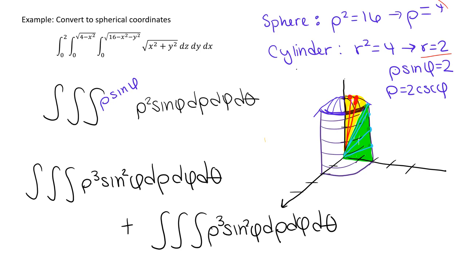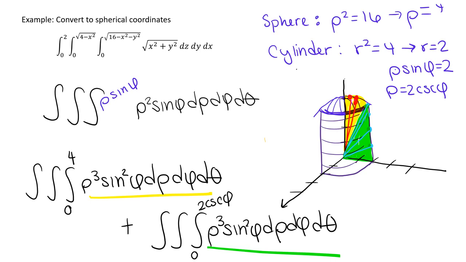But once again, I'm going to replace that r with rho sine phi. So I guess it would be the equation rho equals 2 divided by sine phi, or rho equals 2 cosecant phi. All right, so those are the equations of our sphere and our cylinder.